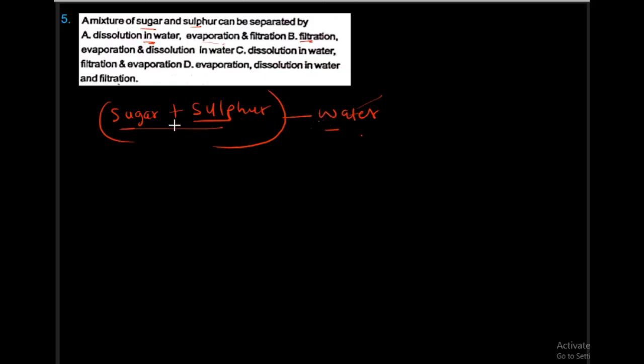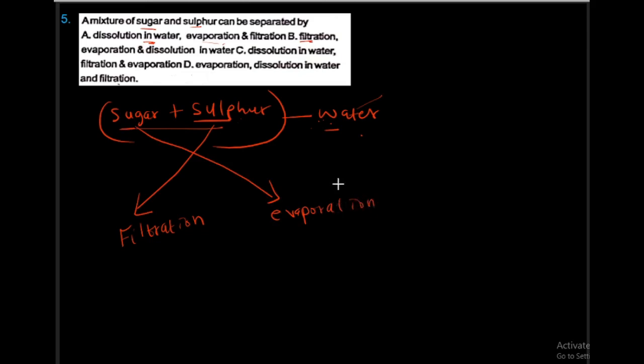So if we have sugar plus sulfur in water and then filtration, filtration is going to take out the sulfur. So we'll be left with sugar in water. To take sugar out of water, we'll now use evaporation to dryness. So evaporation.